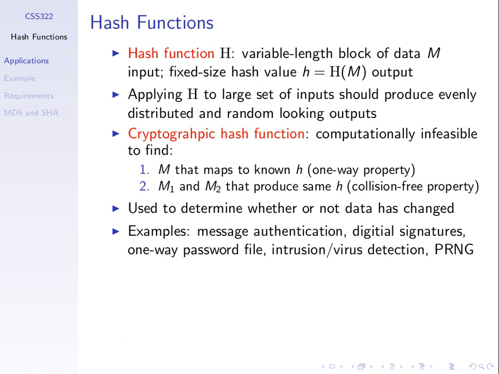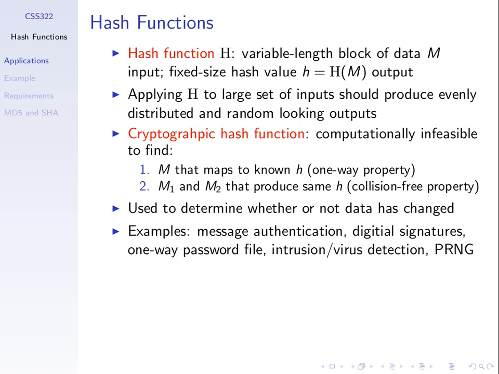The concept of a hash function. Quite simply, some hash function h, we take some variable length input, m, and return a fixed size hash value of that input, m.